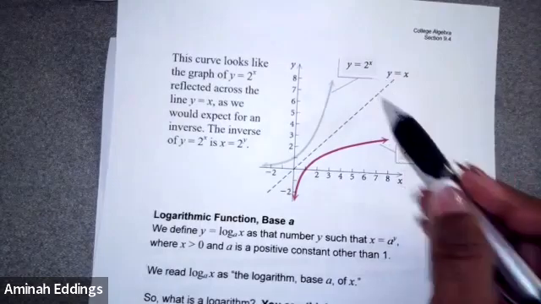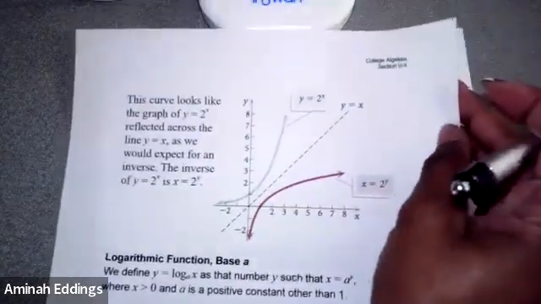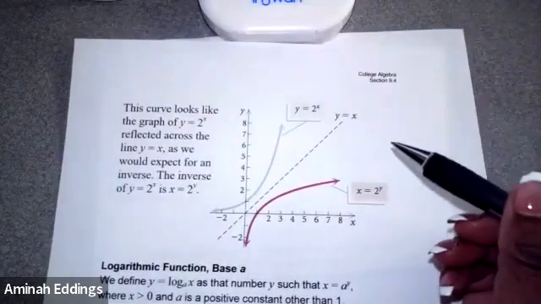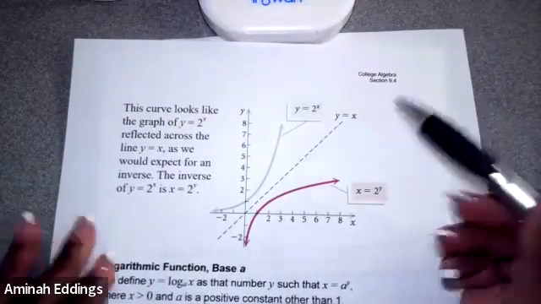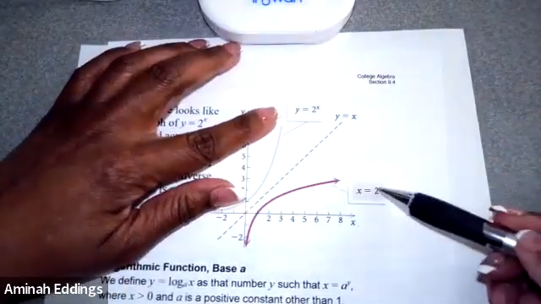We know that they are inverses because we started this lesson with saying that the exponential form of a logarithmic form is its inverse.